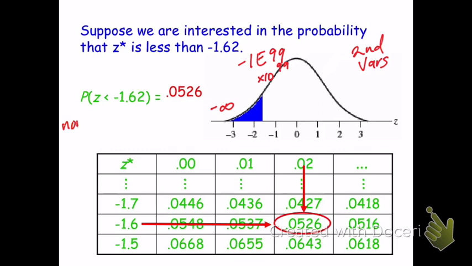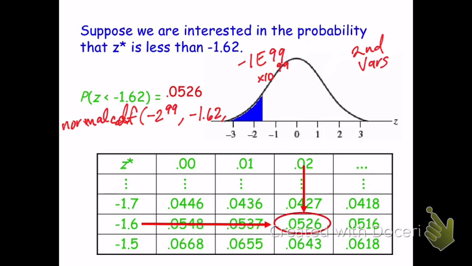Okay. So you're going to do normal CDF. My lower bound is negative 2 to the 99th, any really, really big but negative number, negative infinity. Then my upper bound, I'm going to stop at negative 1.62.